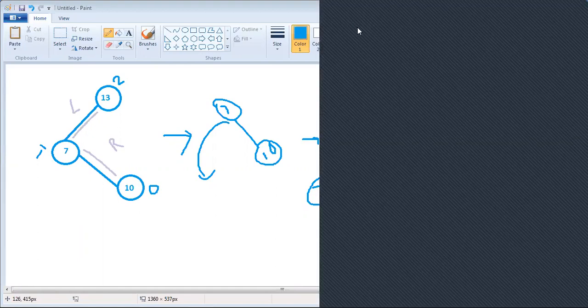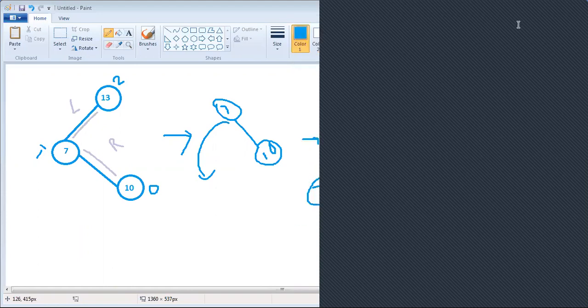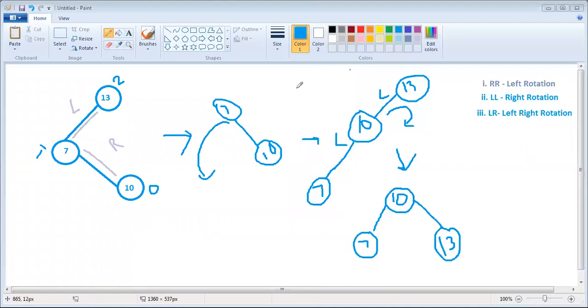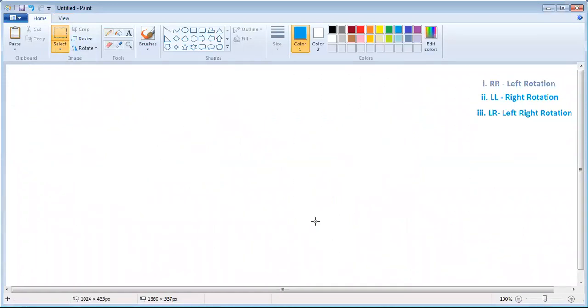So one more example we will take. One minute. I'm just deleting that, and one more rotation we will see. For example, I'm having like this, like this, like this.